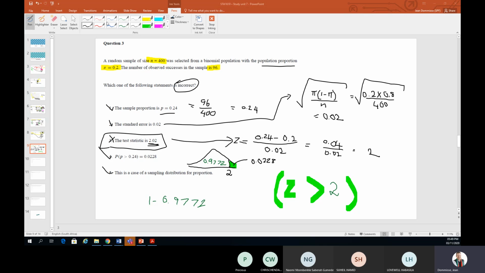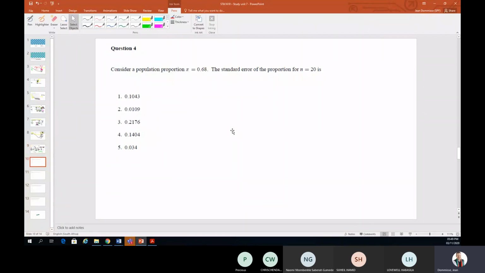So basically, if you can do those 4, then you actually know everything that you need to know about the sampling distribution of a proportion, because that is everything that we have tested in this one question. Okay, so let's see what else they ask us.